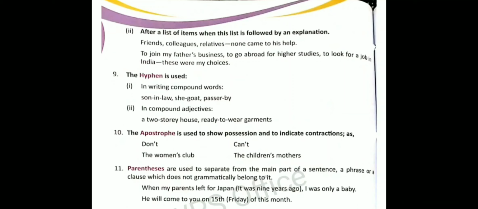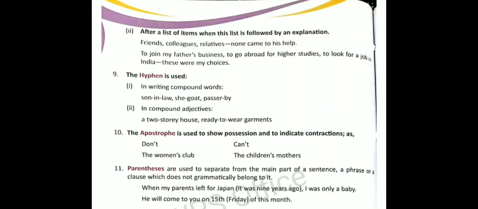Now the last one of the punctuation is parenthesis. Parenthesis, in other words, you can say double dashes. Okay. Actually, this parenthesis is used to separate the main parts of a sentence, or a phrase or a clause which does not grammatically belong to it.